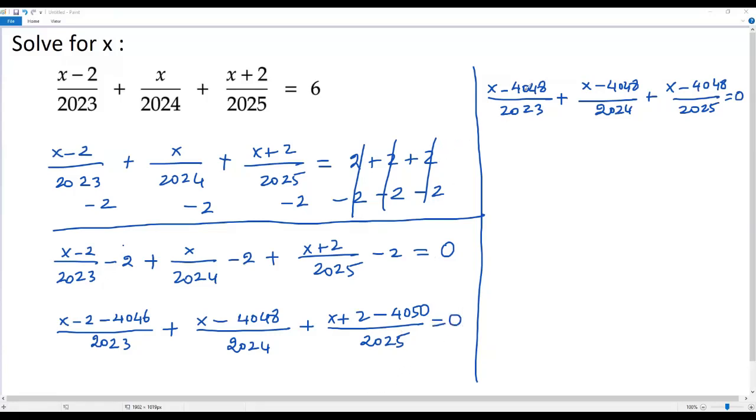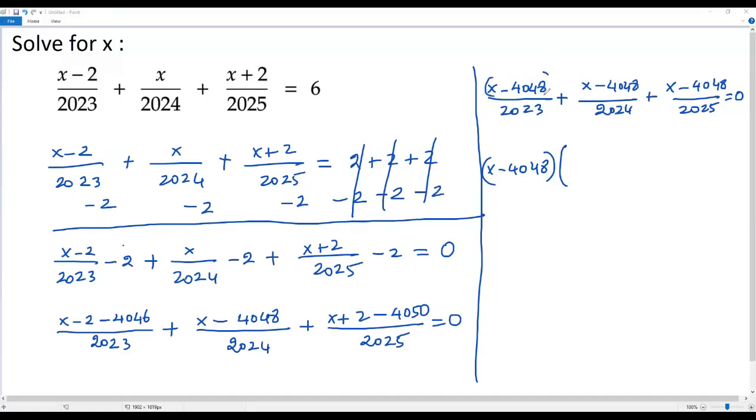Now I find the same stuff in the numerator of each fraction, that is x − 4048. So I can factor x − 4048 out of each fraction. What will I have left in the numerator?